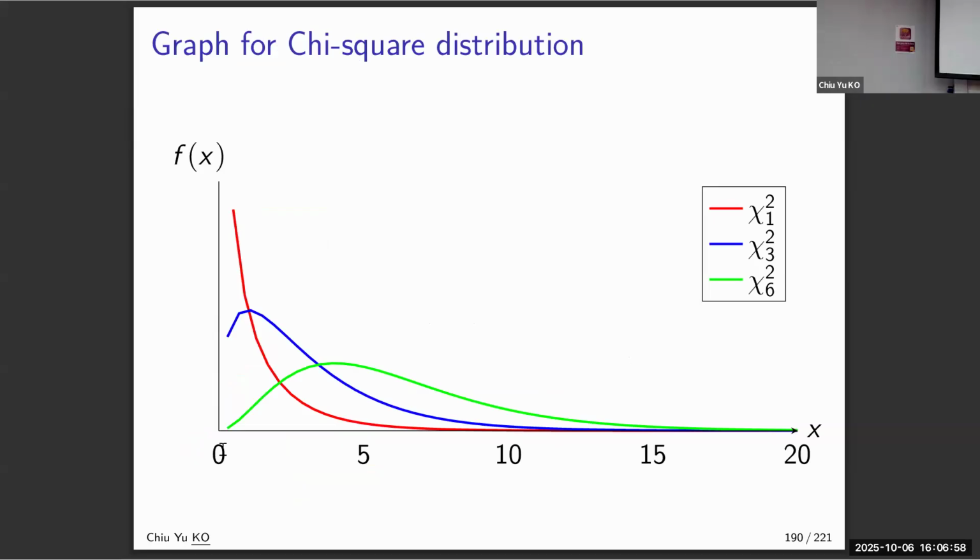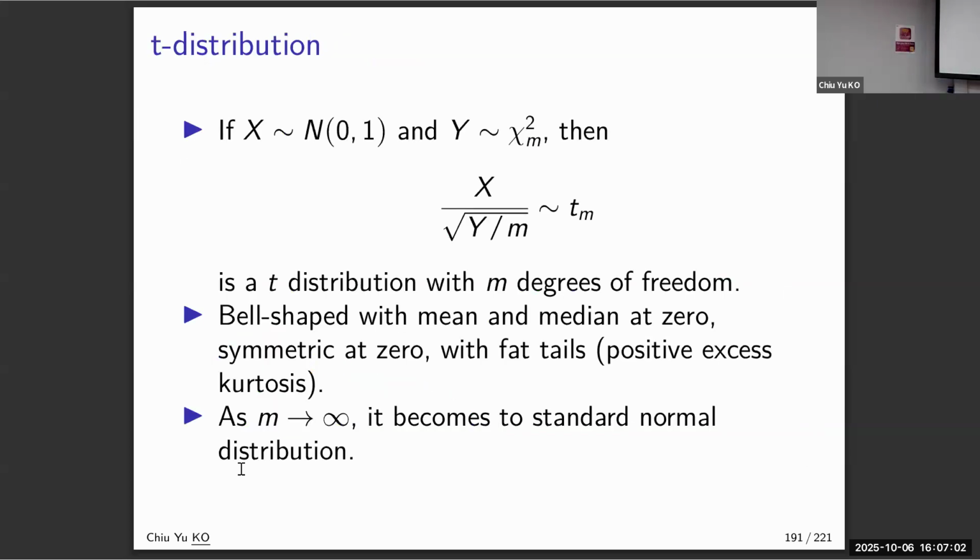Doesn't really matter. But anyway, the more important one, as I want to conclude, is this guy. We almost finished the slides, so basically we finished this week. This is called the T distribution. Some history: this T distribution is also known as the student T distribution. You may ask, why is it called student? The reason is that the guy who invented this T distribution was not an academic.